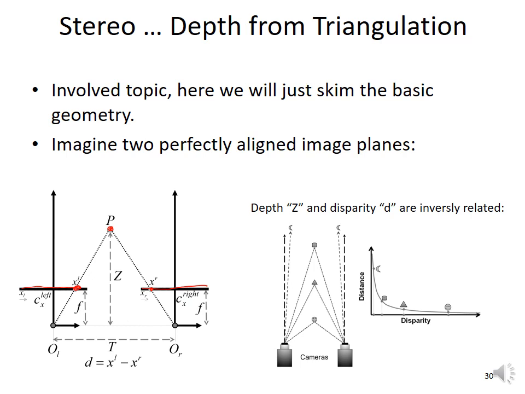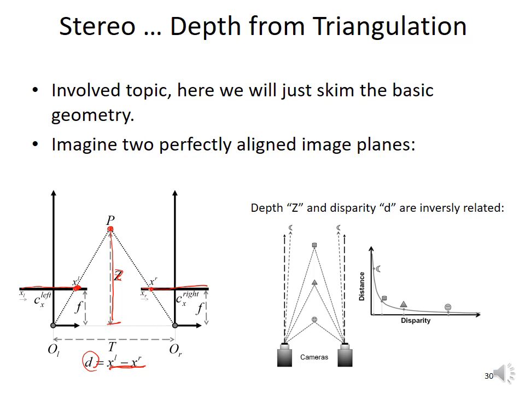By analyzing the two images of point P on both cameras, the depth Z, from here to here, can be calculated. This depth information is calculated based on the disparity. D is disparity. Disparity is the difference between the image location on the left camera and the right camera, so XL minus XR.